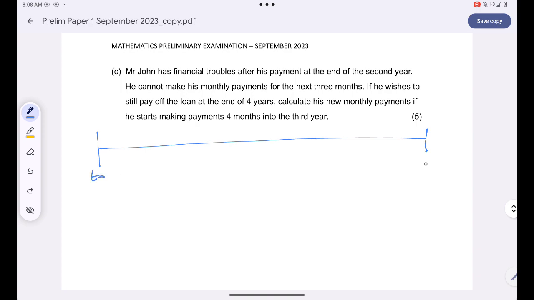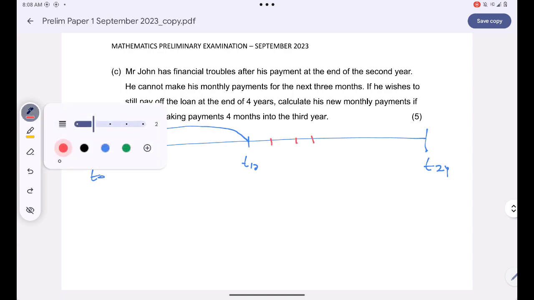There's T0 until T24. Now, over here, T12, this is when Mr. John stops paying because of his financial difficulties. Are you together? So he will miss 3 payments, payment number 1, 2, and 3, but he will start paying back over here.